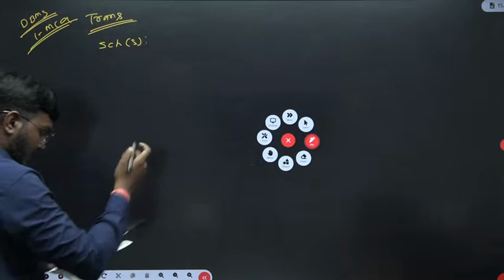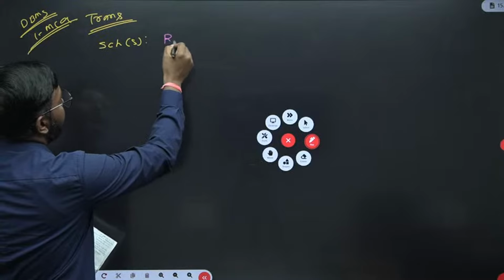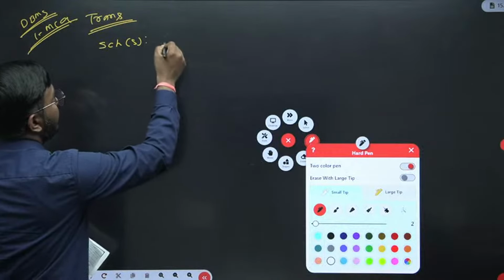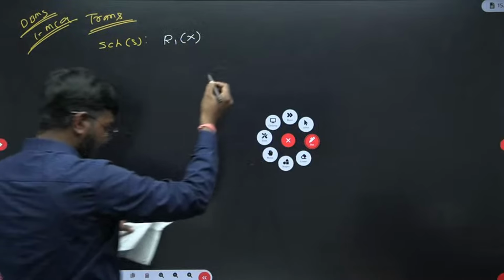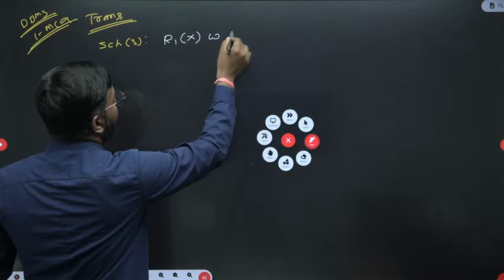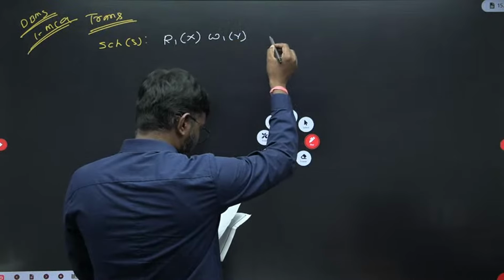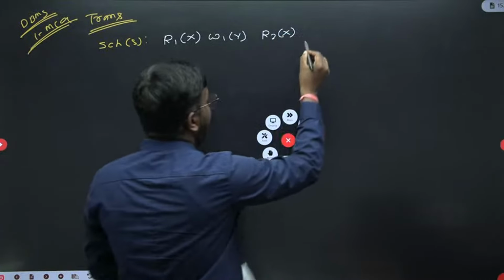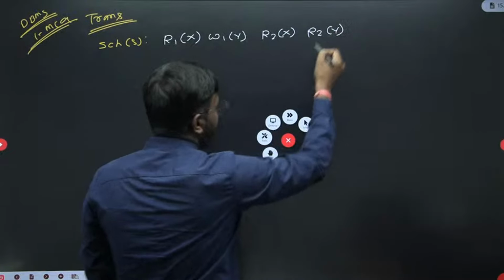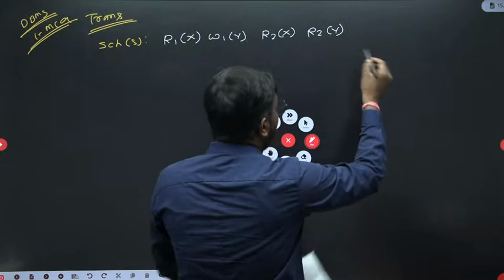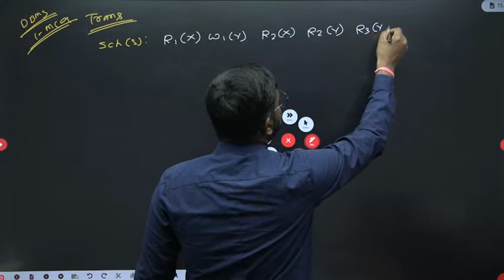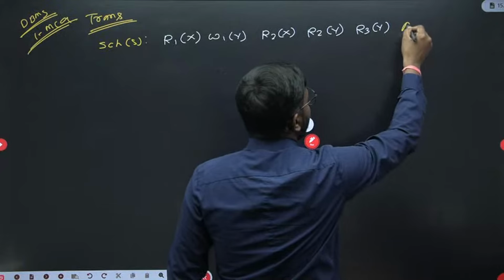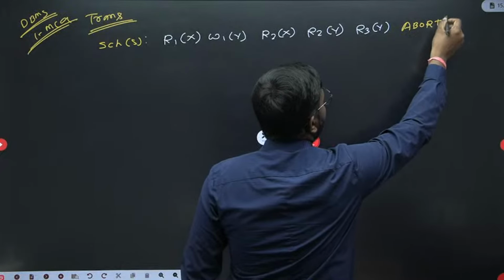The schedule was given as R1 of X. This is an easy question only. This was read of X. Then W1 of Y, then R2 of X, then R2 of Y, then R3 of Y, and the last one is abort of T1.